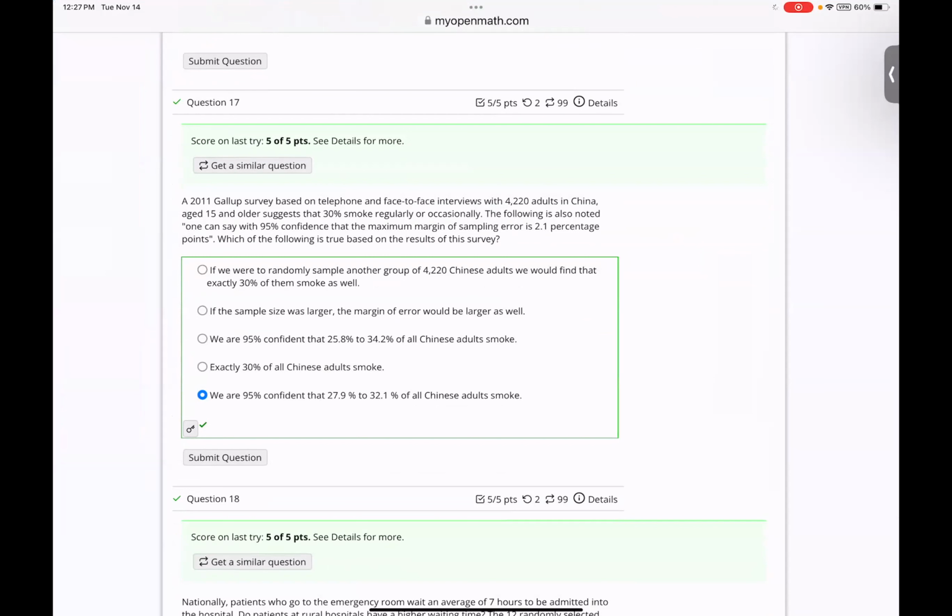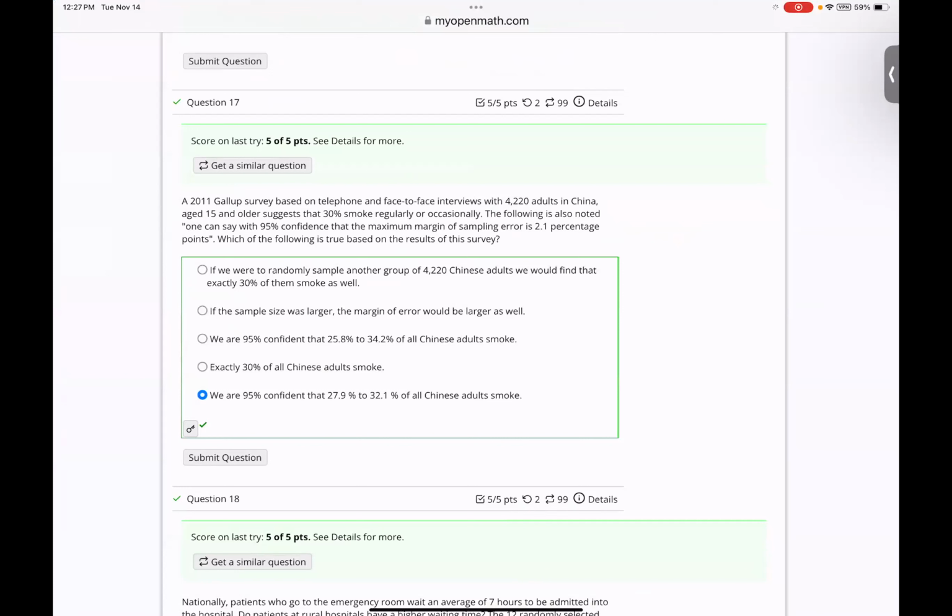The following is also noted: one can say with 95% confidence that the maximum margin of sampling error is 2.1 percentage points. Which of the following is true based on the results of the survey?